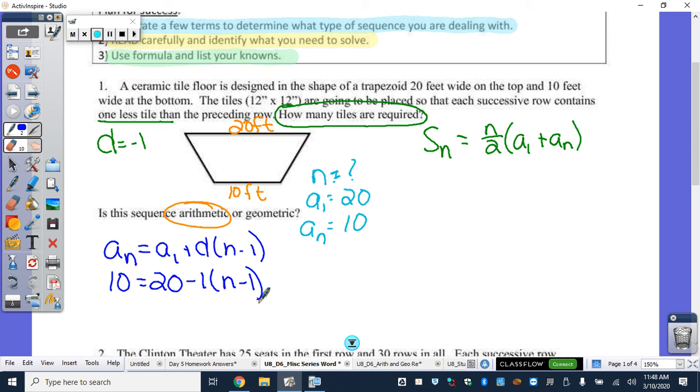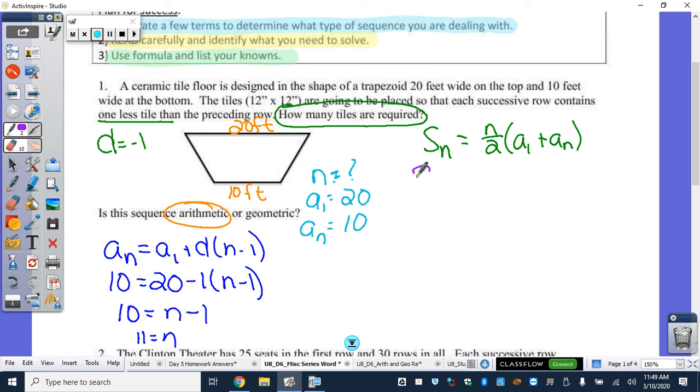Our common difference we determined was -1 because each row has one less tile. So subtract my 20. Divide by -1, and what do we get? 10. So then add my 1 over. And we get that n is 11. So we have 11 rows here.